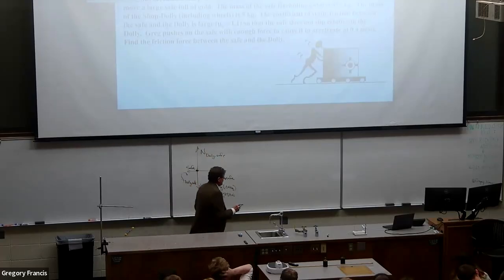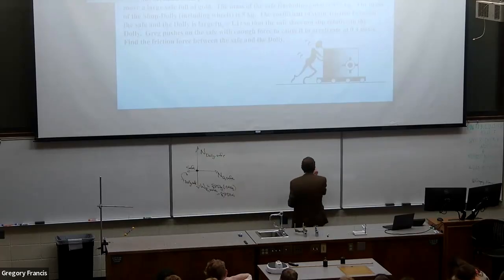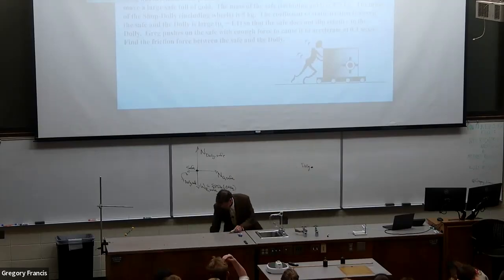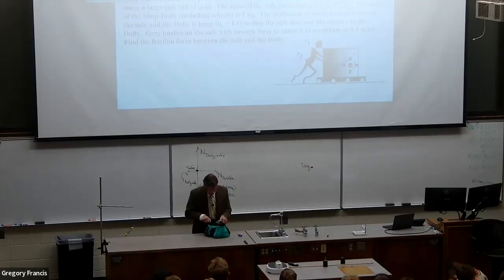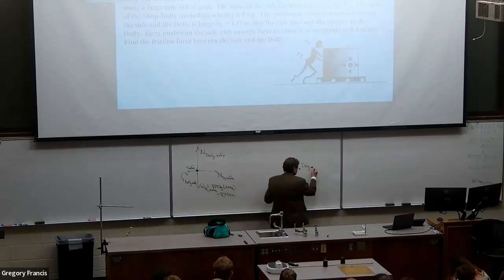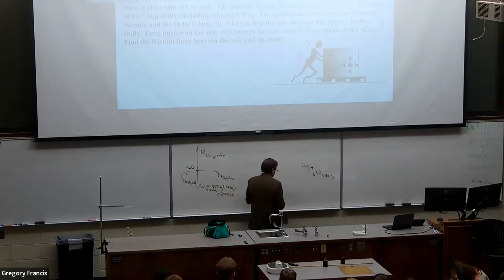Now I draw a free body diagram for the dolly. The first force I put on that is the weight force, and that's a small weight force because it doesn't have much mass.